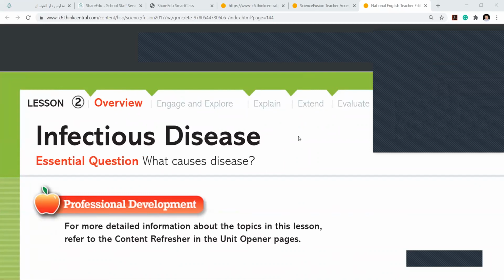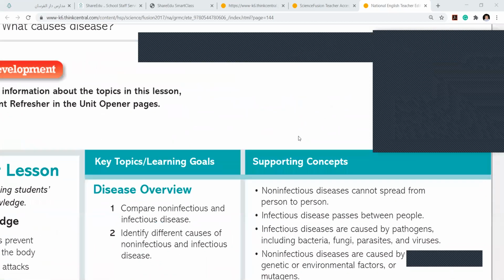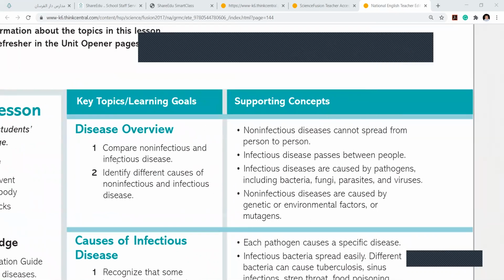Okay. So yesterday when I was talking about infectious diseases, let us just revise quickly here. When I compare non-infectious and infectious diseases, non-infectious diseases cannot spread from person to person. But infectious diseases pass between people.